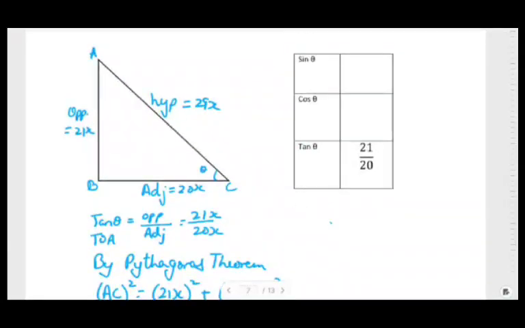Now find my sine value. Sine theta is equal to opposite upon hypotenuse. What's my opposite? 21x. What's my hypotenuse? 29x. 21 upon 29.